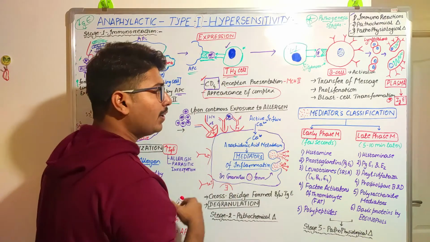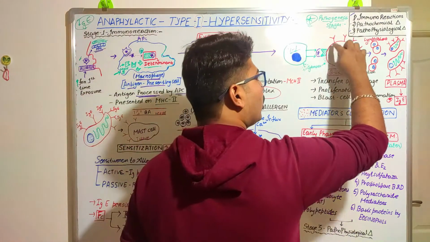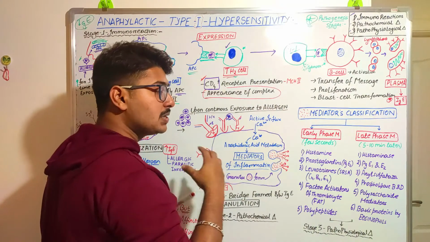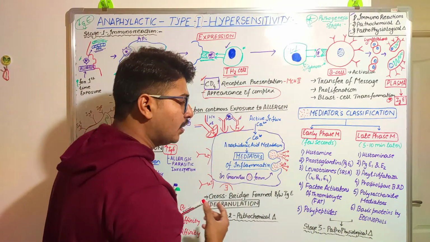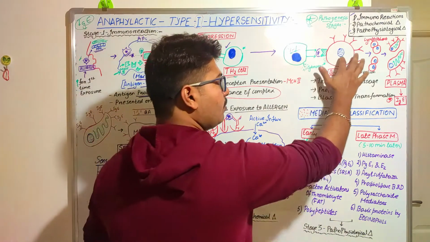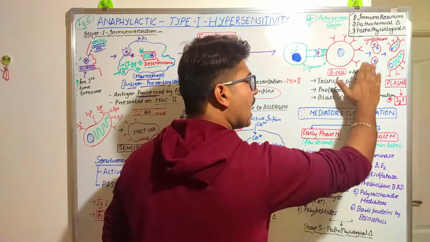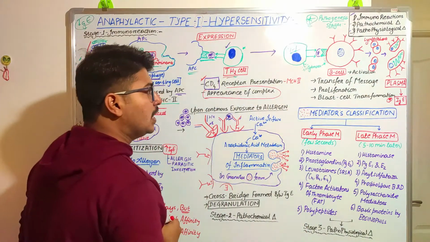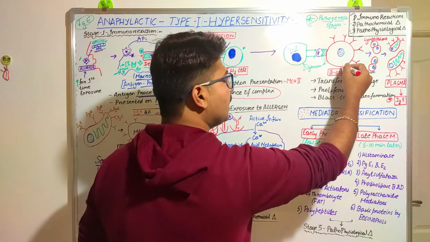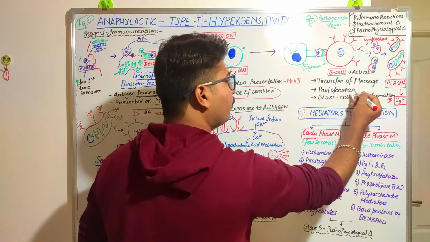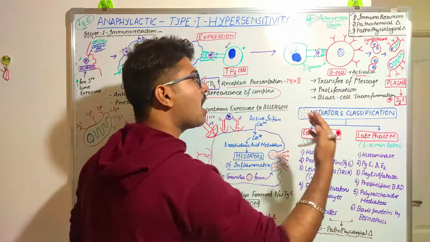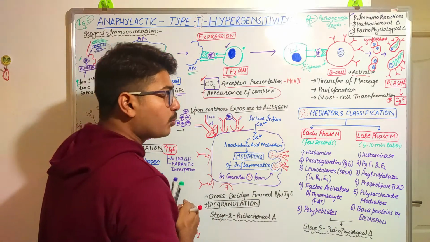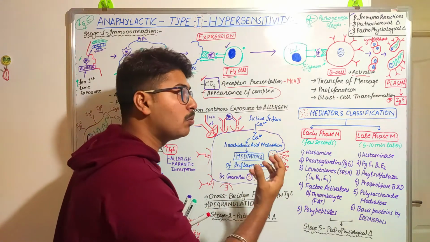Okay, next, as the B cell gets activated, there will be formation of lymphoblasts and the plasma cells. It means the B cell is activated and will form the lymphoblast cells.